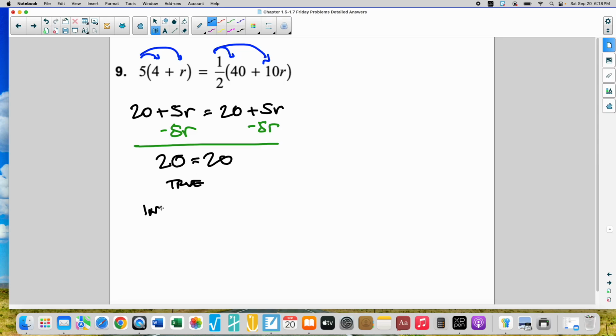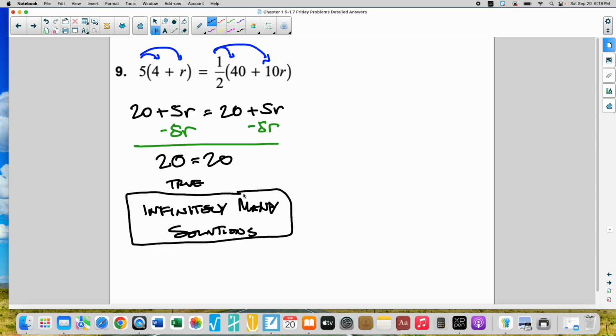So it is infinitely many solutions. That is the answer. We can also have identity. That is also all real numbers.